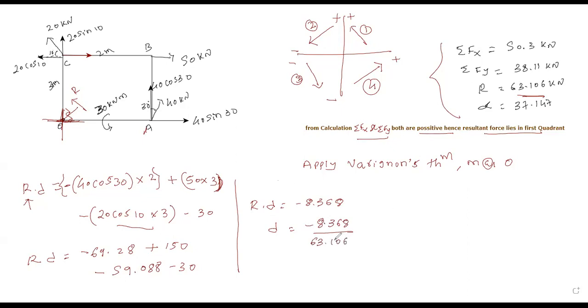I feel all of you having a calculator, R is right. 8.368 divided by 63.106, you will get 0.132. D equals 0 minus 0.132. Now tell me, what is D? D is a distance, yes or no?